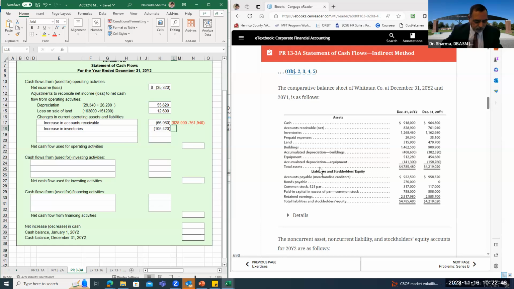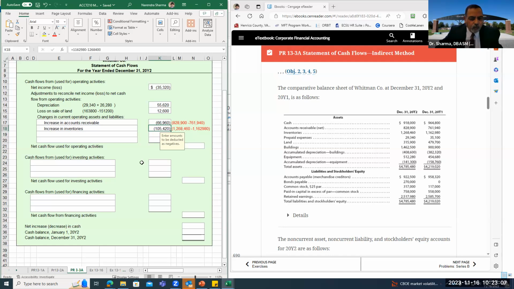Now, of course, I took the difference between the two, 1,268,460 minus 1,162,980. But of course, since I have to get a negative item, I have to put a minus sign here.